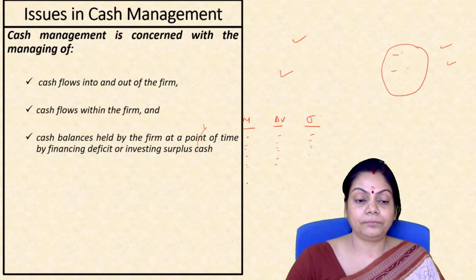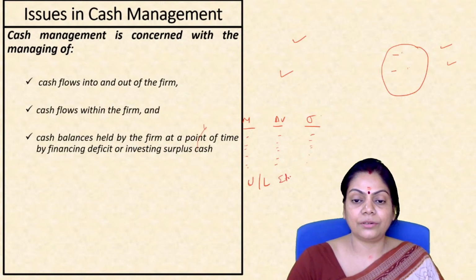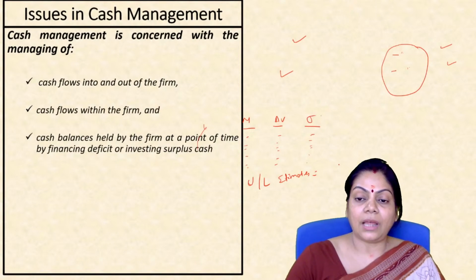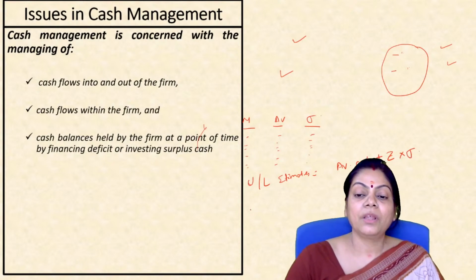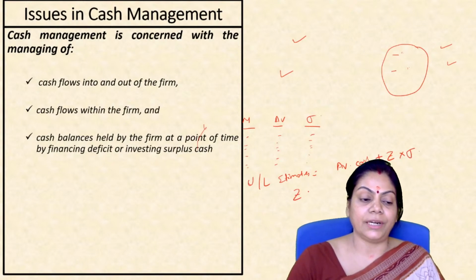The upper or lower estimate is equal to the average cash balance plus z times my standard deviation. Now we come to the value of z. What is z?